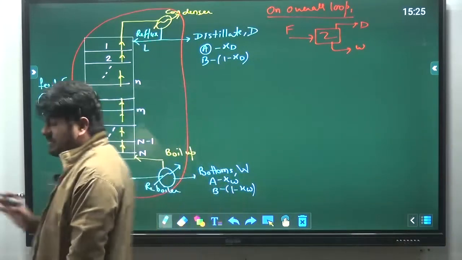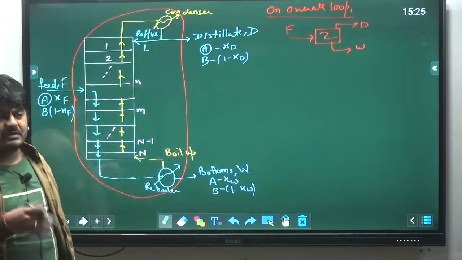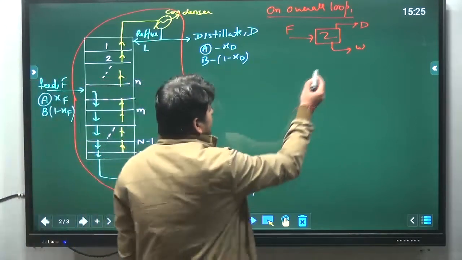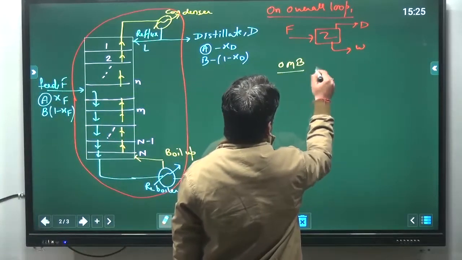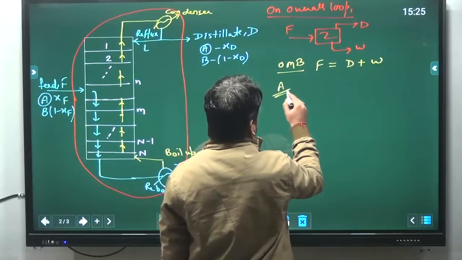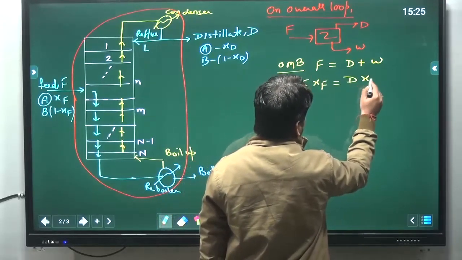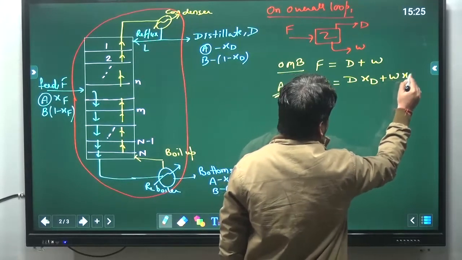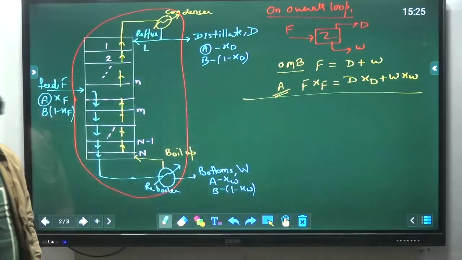So simply at a steady state, the material balance equation will be rate of material in equals rate of material out. So here the overall mole balance will be F equals D plus W. And similarly, the component balance over A will be total A in equals total A out. You must have seen the same thing in process calculation as well.